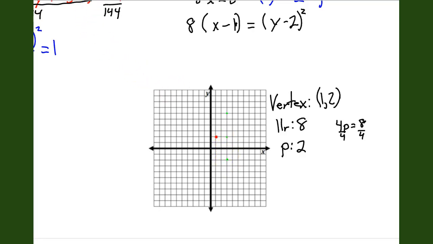And that will give me my graph. There we go. Opening to the right, because we have a positive LR here, so I know it opens right. Since it's y squared, it has to be right or left.